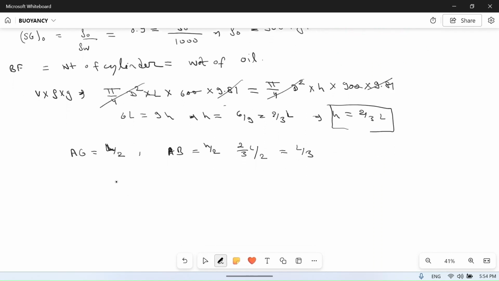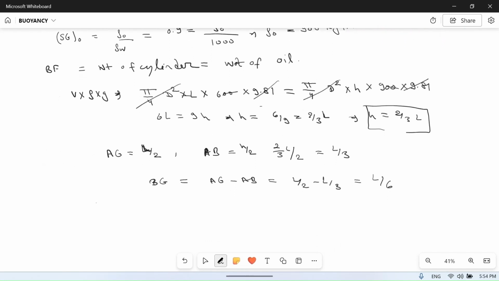So if we find BG or GB, it is equal to AG minus AB, which is equal to L by 2 minus L by 3, which is equal to L by 6.